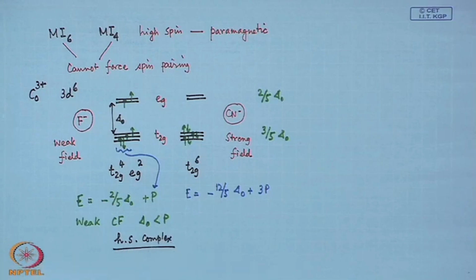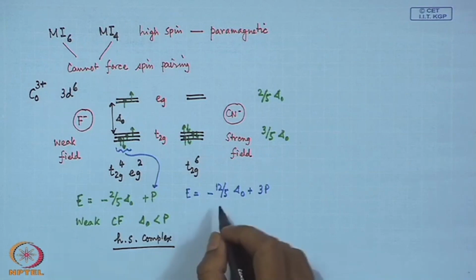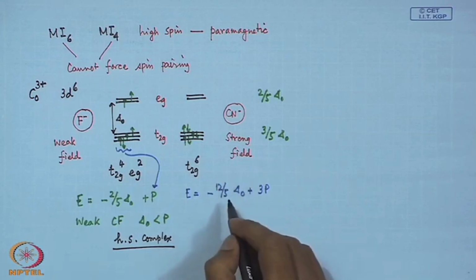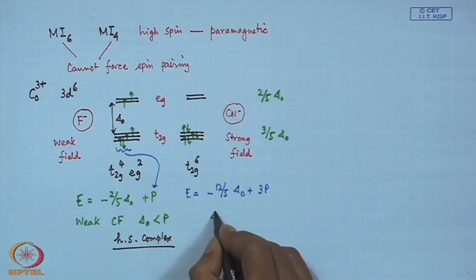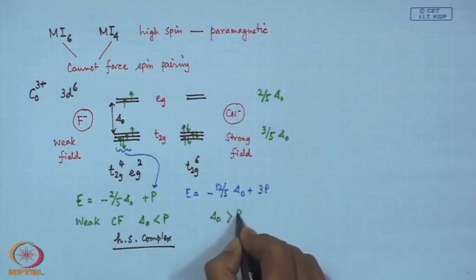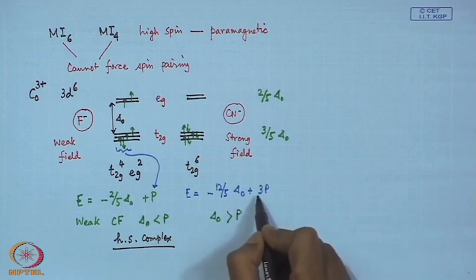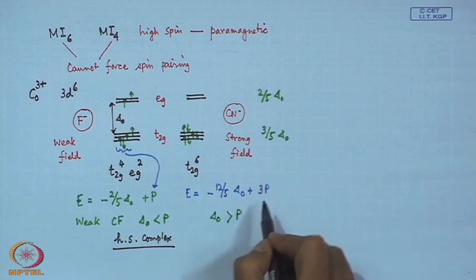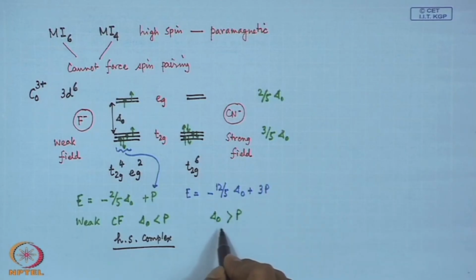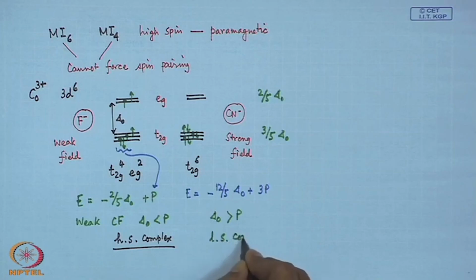So here we develop the high spin complex. Similarly, on the right hand side, this is the maximum stabilization, and here delta O is greater than P. Though we have the 3 pairing energy term, since delta O is greater than P, we get the low spin complex.